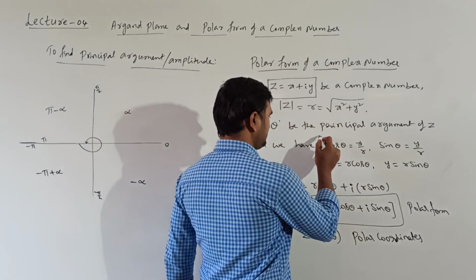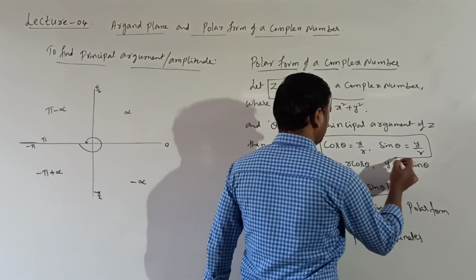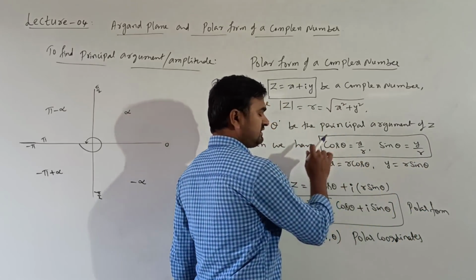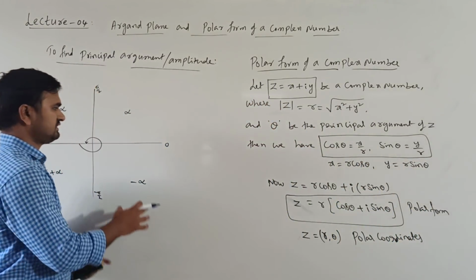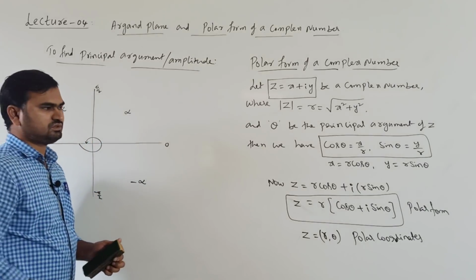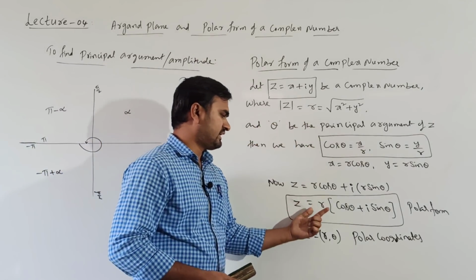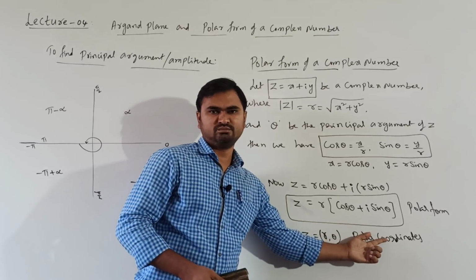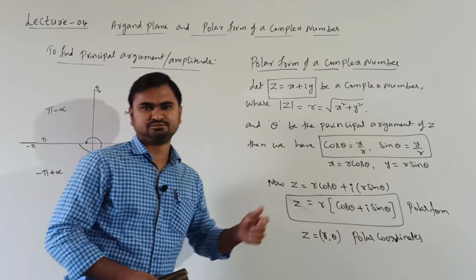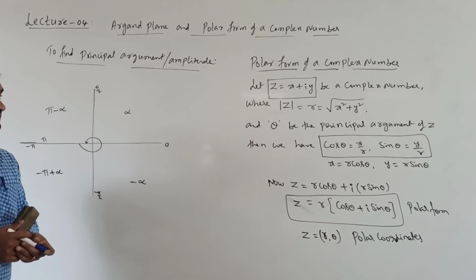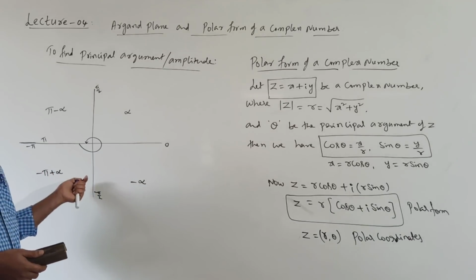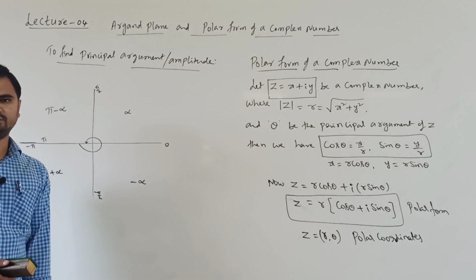By solving these two equations, cos theta and sin theta. Based on their sign, we can find the theta value using this table. So once we know theta and r, we can write the complex number in polar form like this. Understand? Right. So this is the theory related to the Argand plane and polar form of the complex number.